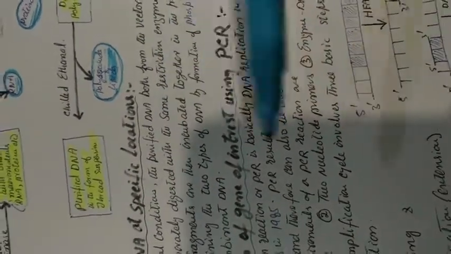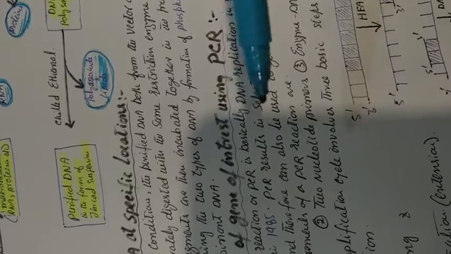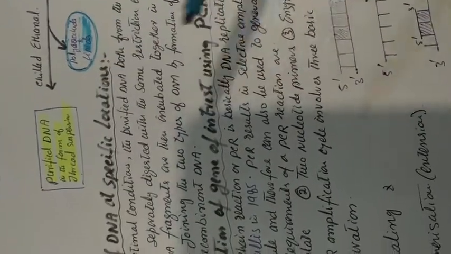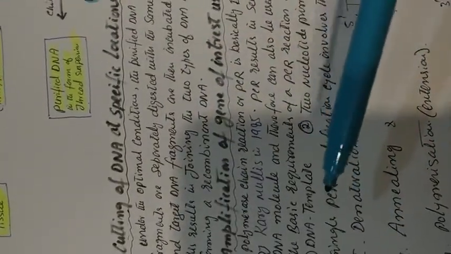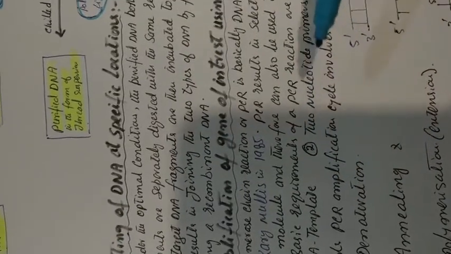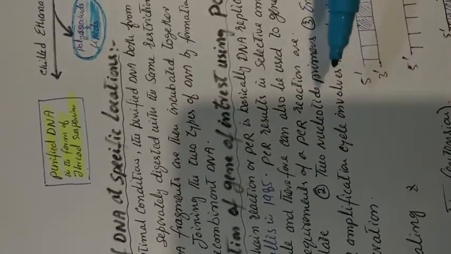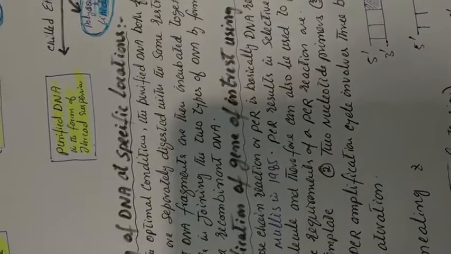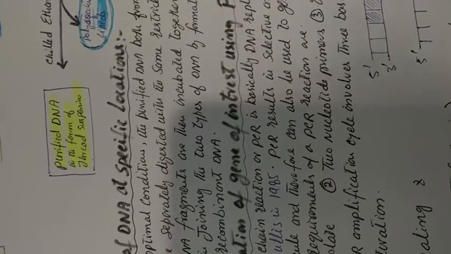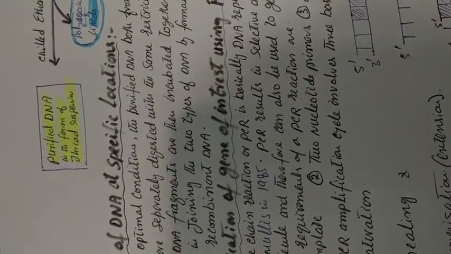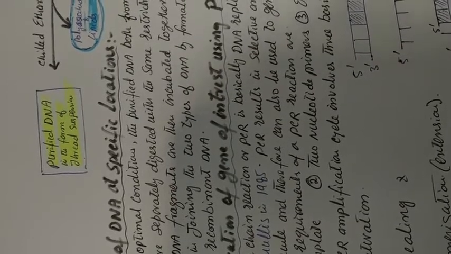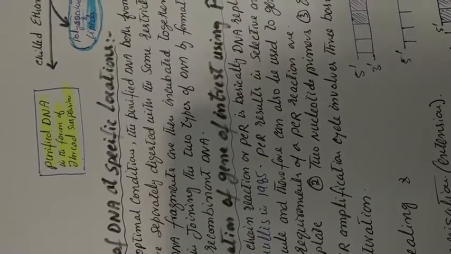The basic requirements of a PCR reaction are: number first, a DNA template, two nucleotide primers and enzymes, usually DNA polymerase. This DNA polymerase is also called Taq polymerase.